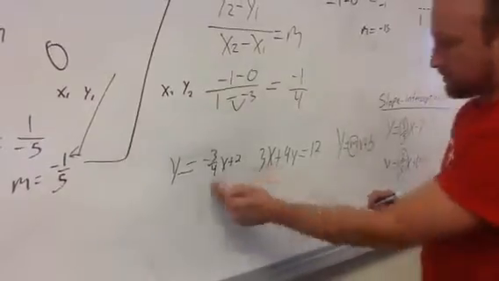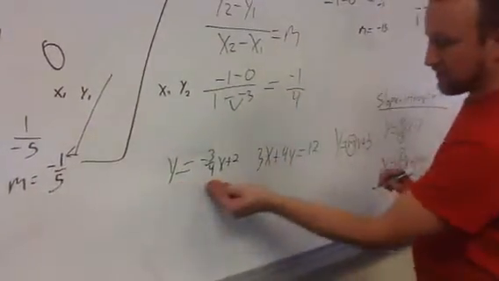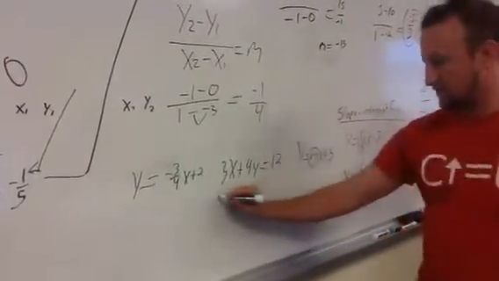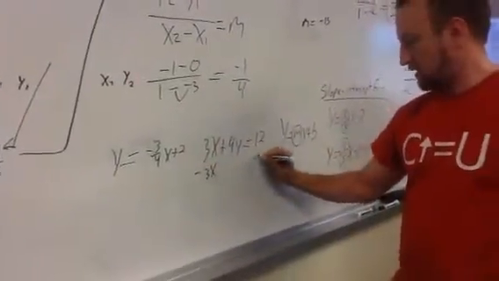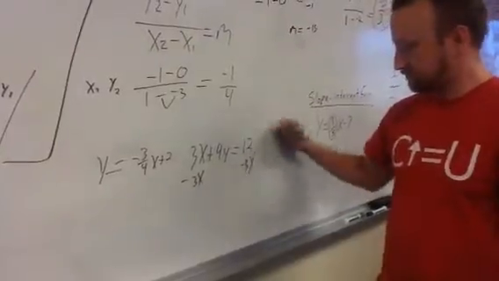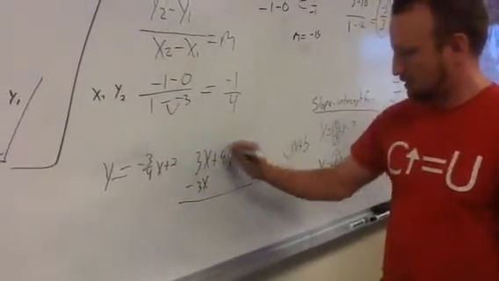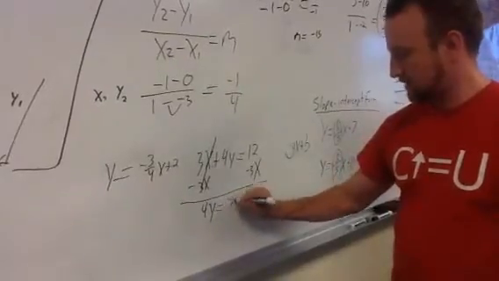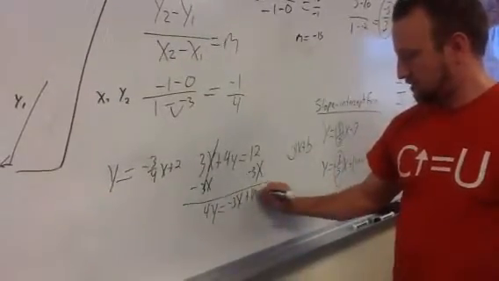Well, I don't know if these are parallel yet, because this is in slope-intercept form, and this is in standard form. So we just have to solve for y, and we can answer that really quick. Subtract 3x from both sides, negative 3x and negative 3x. These cancel out. Bring down the 4y equals negative 3x plus 12.